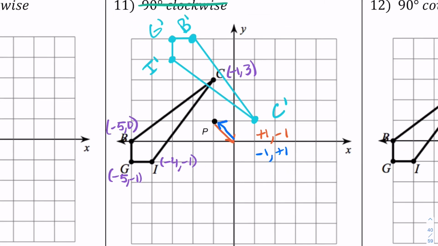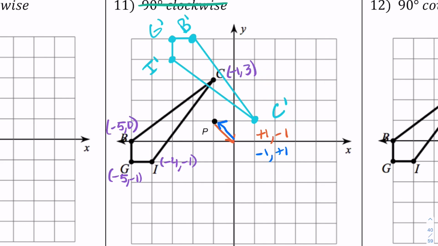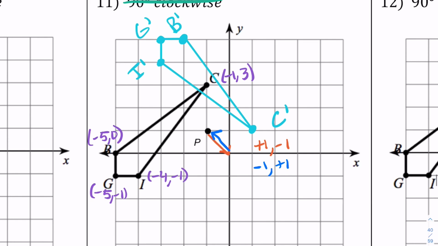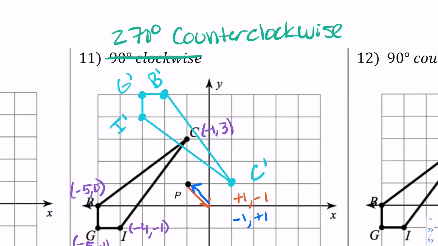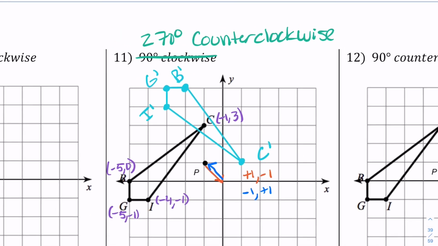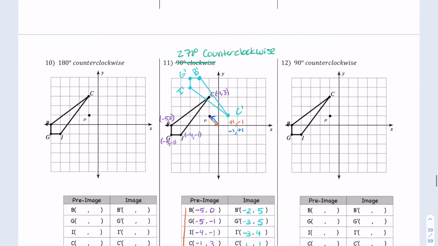It looks like it's spinning around like this. Notice G, B, and I are all 1 unit apart from one another in the same rotational order. Yeah, we are good. Okay, look, C is 2 away. It's 2 away here. Yeah, everything stayed equidistant. That's perfect. Okay, and that's number 11.